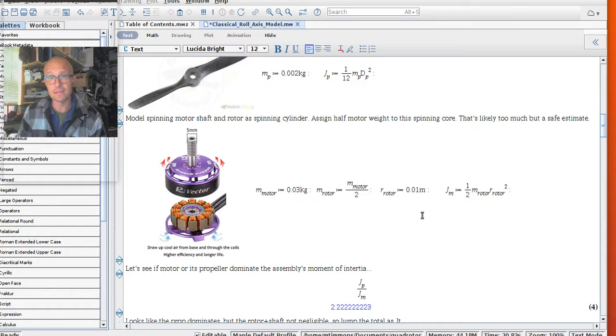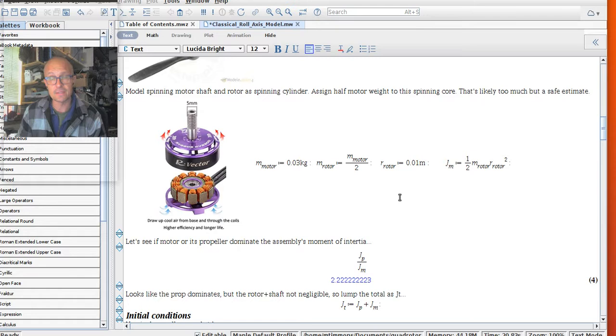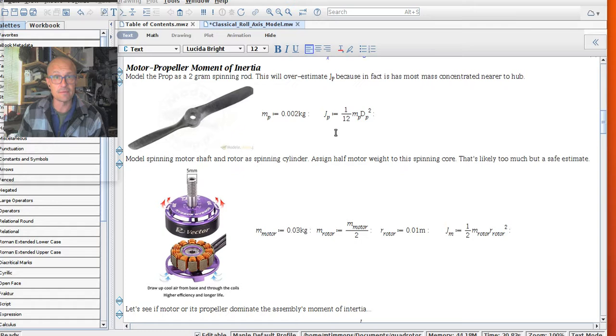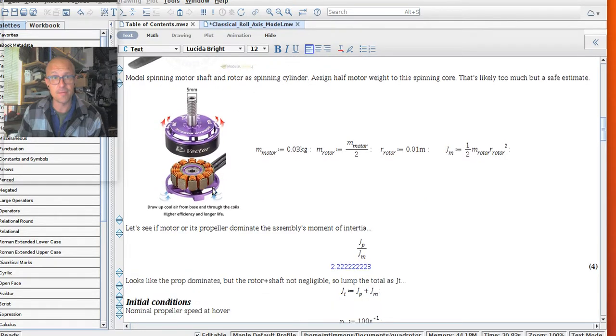But nonetheless, I took the mass of the rotor as half of the total advertised mass, which is high, I'm quite sure, but in any event, that was a decent estimate. And the radius of the rotor, came up with a motor moment of inertia, and then I just looked to see, even though my assumptions are probably pretty loose, what dominates.